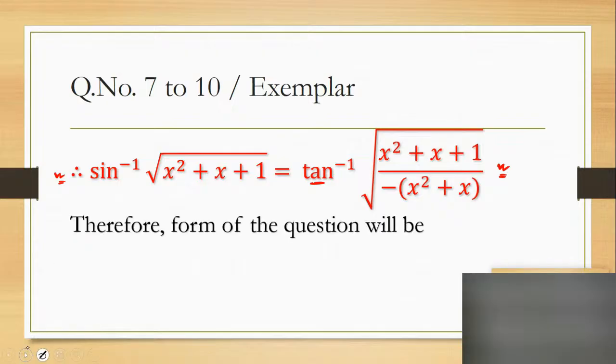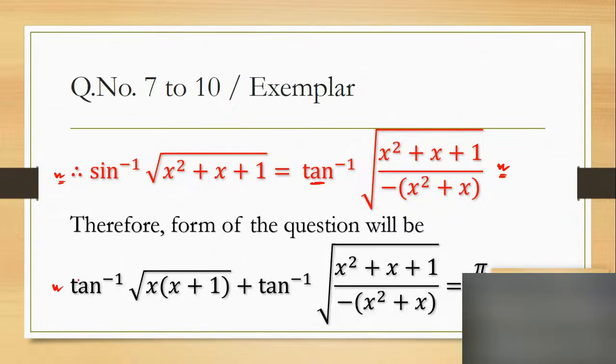Therefore, the form of the question here will be tan inverse (x+1) over root plus tan inverse. So we find sin inverse of x square plus x plus 1 over root equal to this one and equal to pi by 2. This one is given. I hope there is no problem to understand up to this step. You can note down the solution of this question.